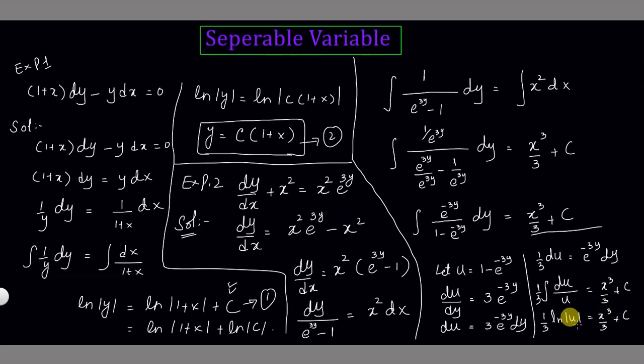Now just replace the value of u. What was u? u was 1 minus e raised to the power minus 3y, so the final answer will be 1 by 3 natural log of 1 minus e raised to the power minus 3y is equal to x cube by 3 plus c.